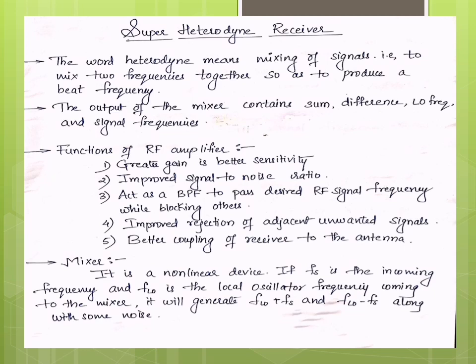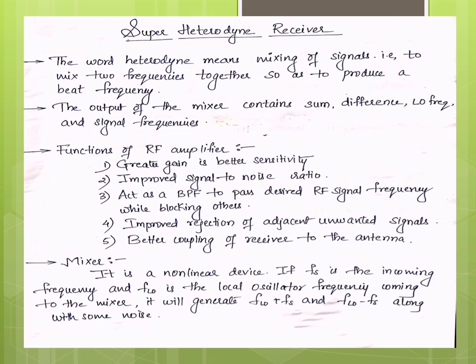When a signal travels through a long distance, it gets weakened or fades away, right? So the RF amplifier has the quality of greater gain, so the weakest signal can also be taken by this RF amplifier because of its better sensitivity.